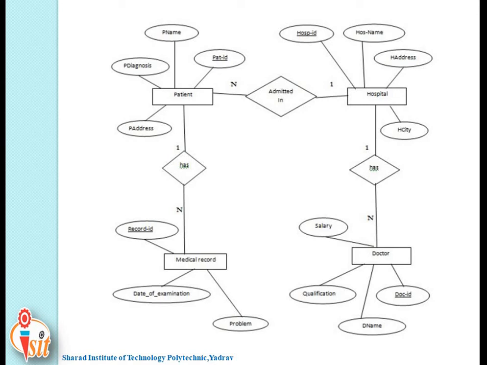These are the types of attributes. You already know that, and you can use those types of attributes in the ER diagram fluently. For example, here key attributes are patient ID, hospital ID, doctor ID, record ID. These are the various examples of key attributes.